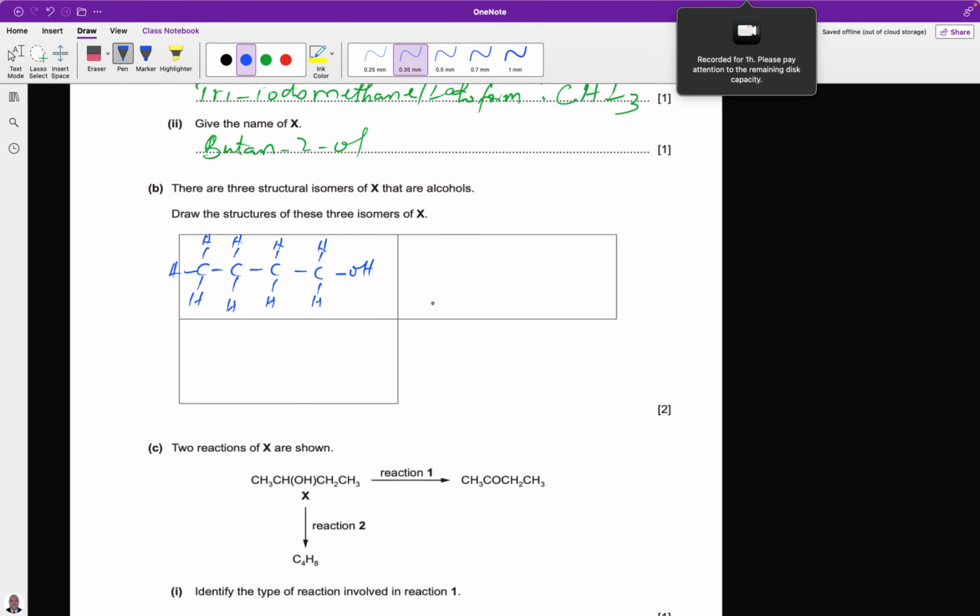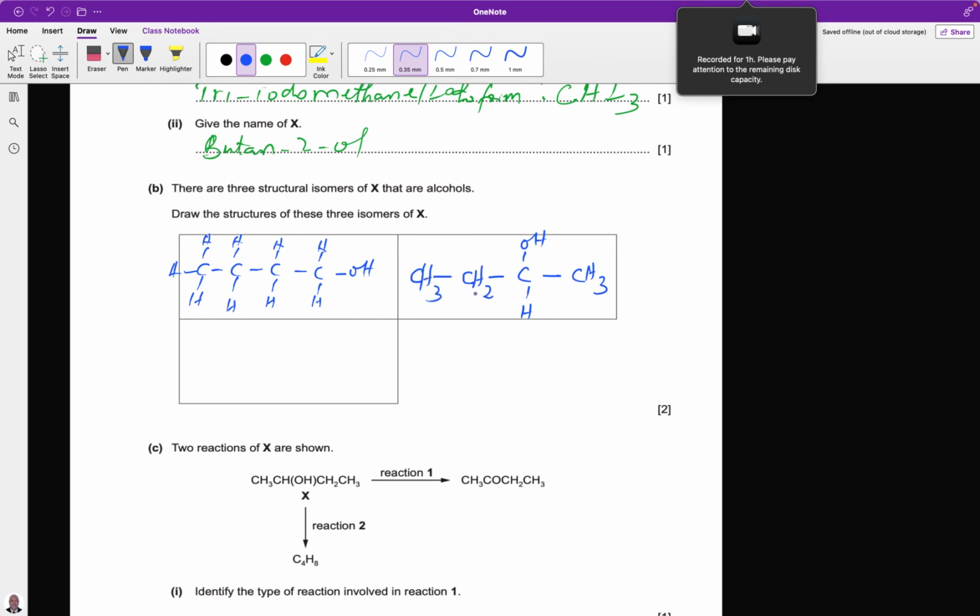Now, it will give us a secondary alcohol. In that case, the secondary alcohol will have 1, 2, 3 and 4. Here we have CH3, OH, CH2, CH3.